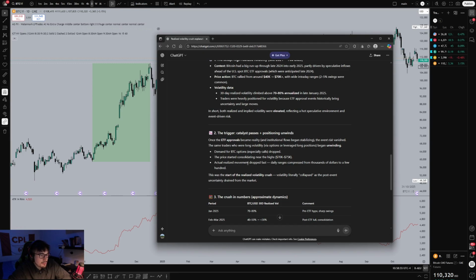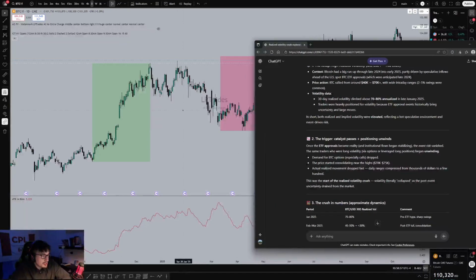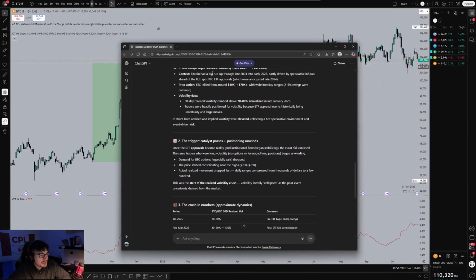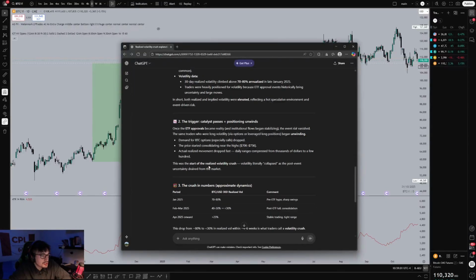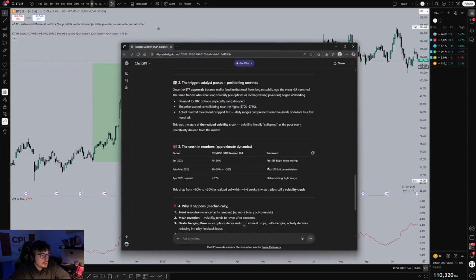The actual realized movement dropped fast, as I showed you in the ATR. You can see how it was like 5,000 and it dropped to 3,000. This was the start of the realized volatility crush. Volatility collapsed as post-event uncertainty drained from the market. This is very consistent with what I found on the Nasdaq. Every time I had a lot of losing streaks on the Nasdaq, I looked at the VIX and it was sharply decreasing, which is when volatility goes away from the market.